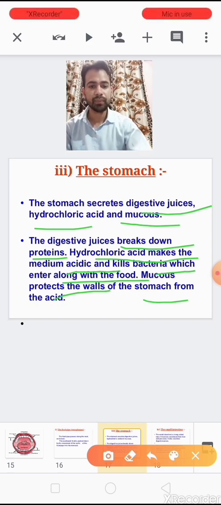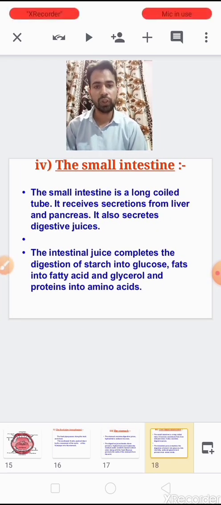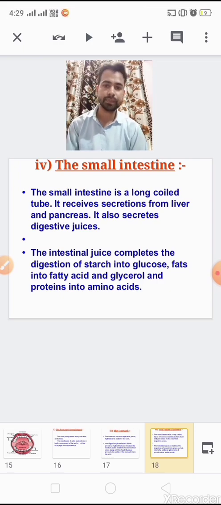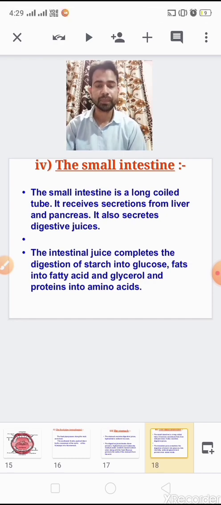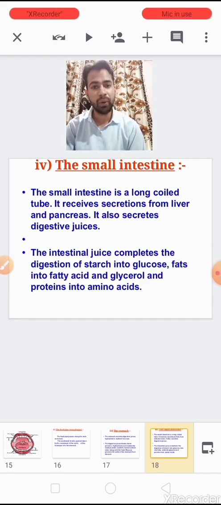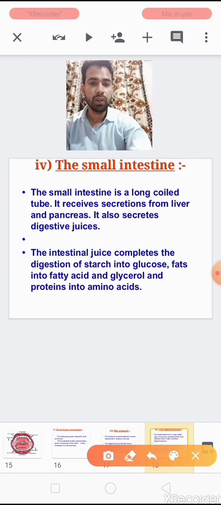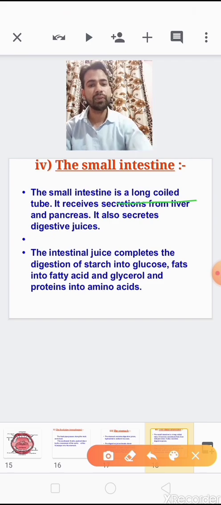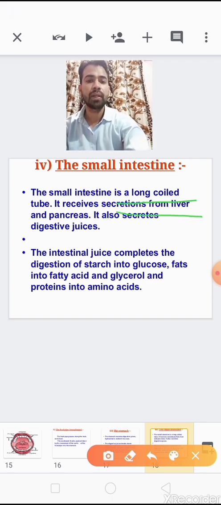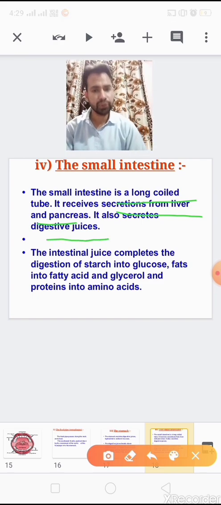Okay, children. Next, that is the small intestine, the fourth part of the alimentary canal. We can say that 90% of digestion completes in the small intestine. The small intestine is a long coiled tube, and it receives secretions from the liver and pancreas, and it also secretes digestive juices.